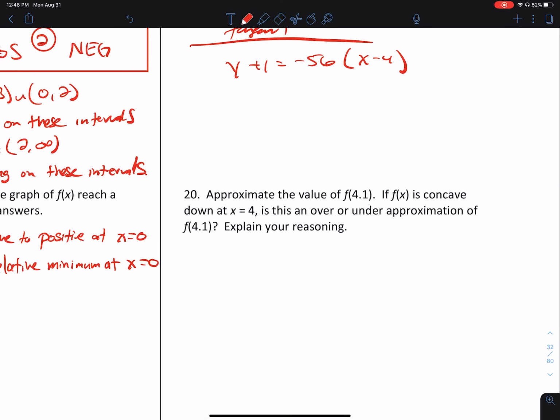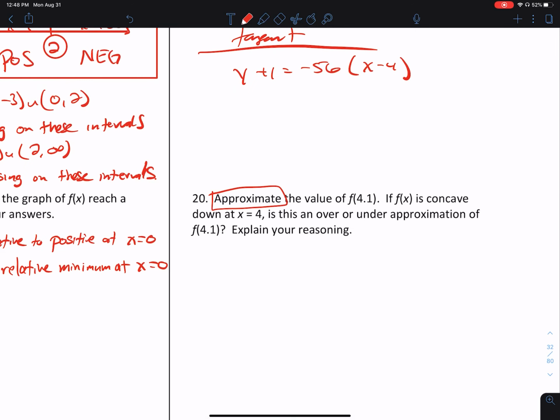So let's do that. If we're supposed to approximate it, we're going to have to use a tangent line approximation. So y plus 1 equals -56 times the difference of 4.1 and 4. Going to subtract 1 from both sides. 4.1 minus 4 is 0.1. -56 times 0.1 is -5.6.